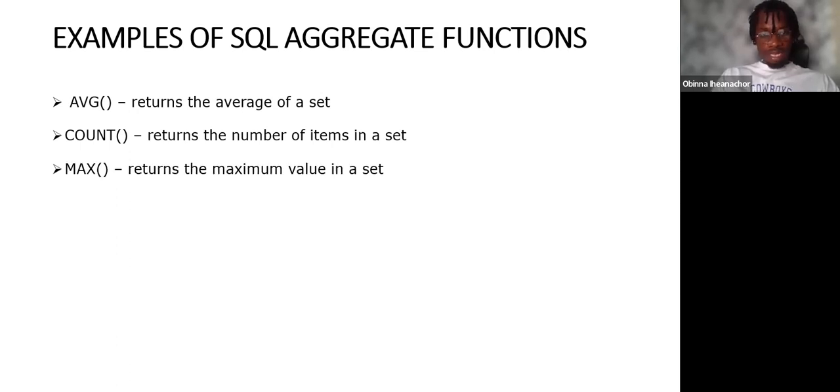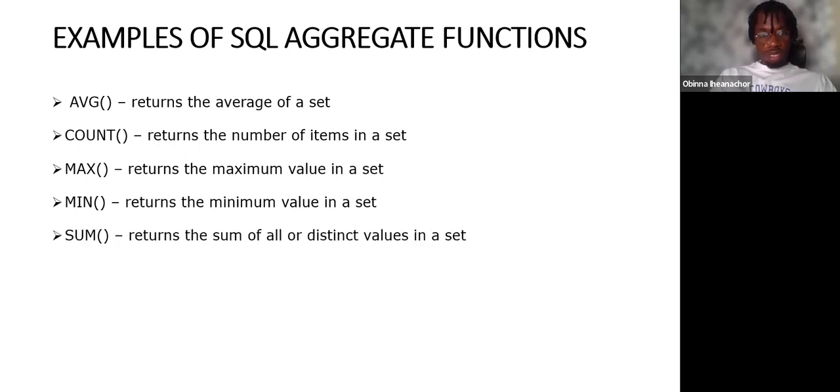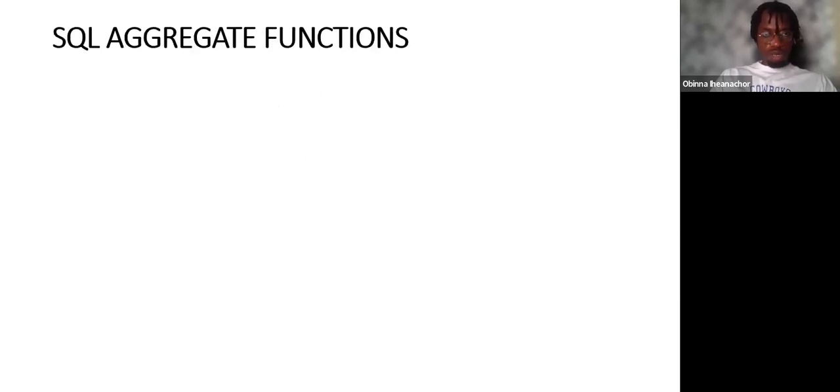Then you have max, it returns the maximum value in a set. Then you also have min, min returns the minimum value in a set. Then you have sum, so it can sum all the values, right, or distinct values. So it returns the sum of all the values. And average, sum, they work with numeric values. While count, max, min can work with both numeric and non-numeric values, which we'll see in a bit.